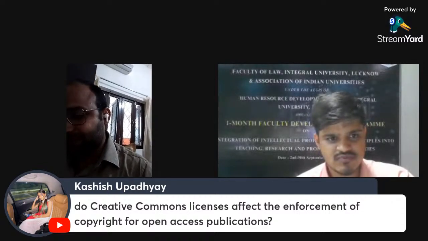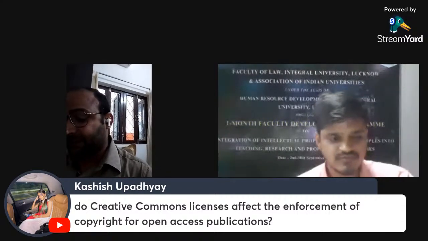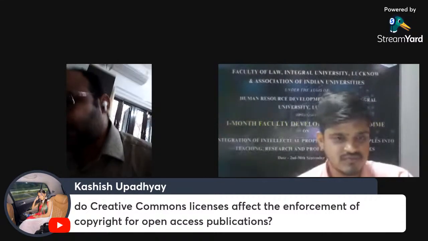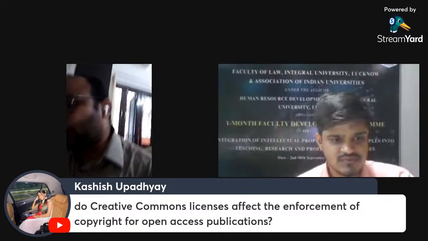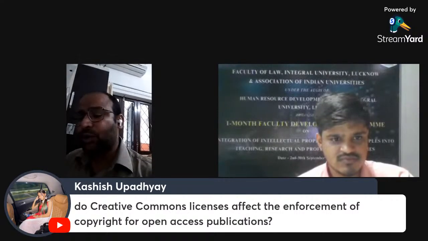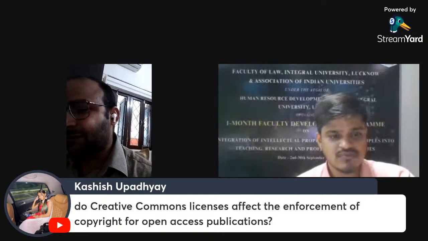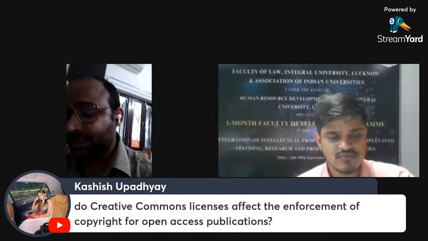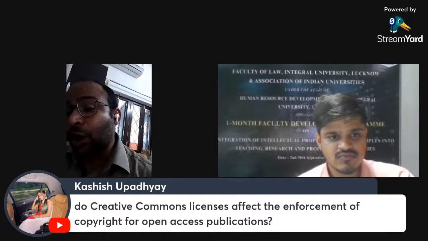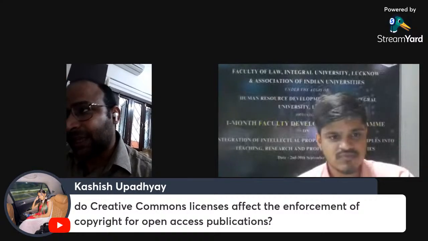That has to be seen, whether the enforcement of copyright for open access journals affects Creative Commons. They actually don't affect Creative Commons licenses. There is a huge movement for Creative Commons and for open access because people are not aware of the limitations and exceptions in the copyright laws.